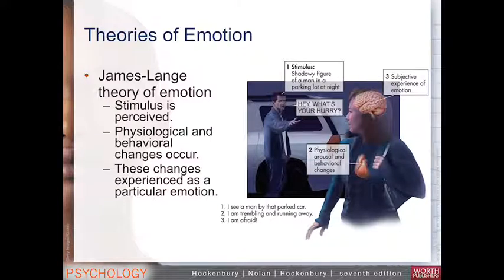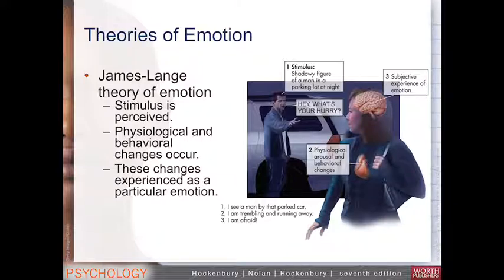Now, the James-Lange theory of emotion is very simple. You perceive a stimulus, there are physiological and behavioral changes that occur, and then so, for example, in this case, the stimulus is the shadowy figure in a parking lot at night, and he's saying, hey, what's your hurry? And so number one, you perceive the stimulus.